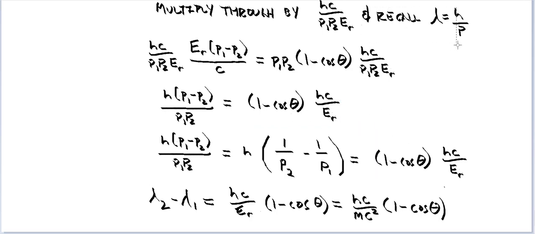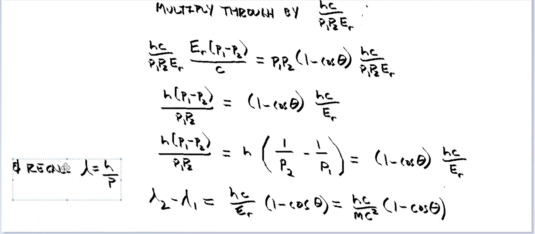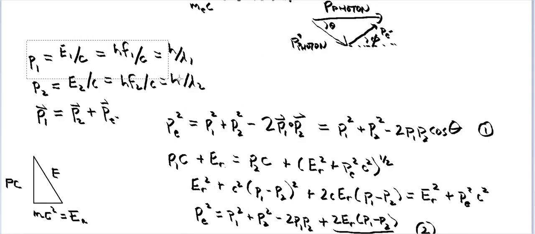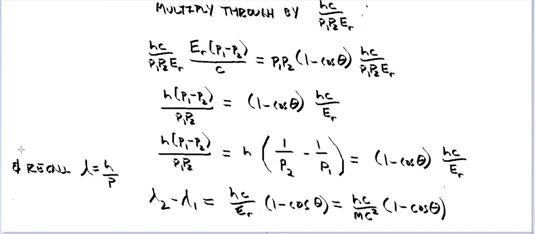But now if we recall that lambda is h over p, that was something we got way back here, well, here we have h over p2 minus h over p1. That's the same as lambda 2 minus lambda 1 on the left side, still equal to HC over ER times 1 minus cosine theta.